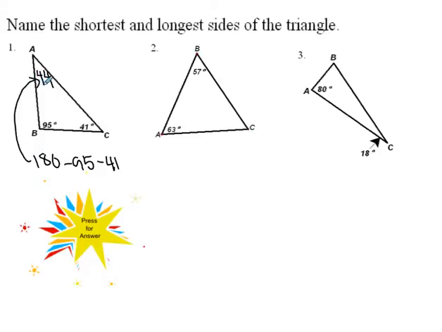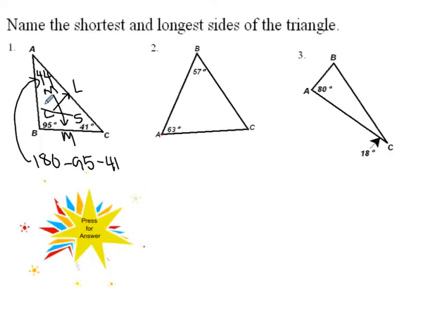That is this angle. Now, I'm going to label the angles in my triangle S, M, and L for small, medium, and large. Here's the S, here's the M, and here's the L. And then I know across from my largest angle is my largest side. Across from my medium angle is my medium side.